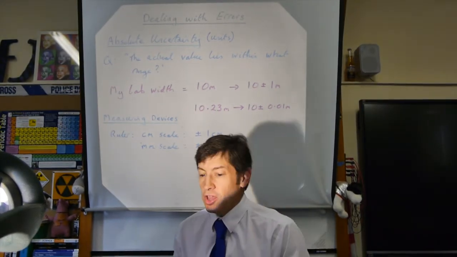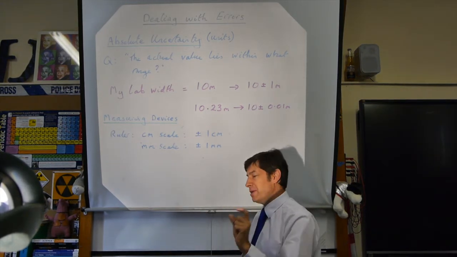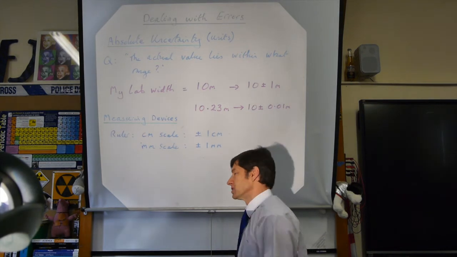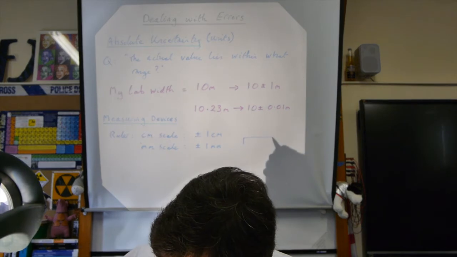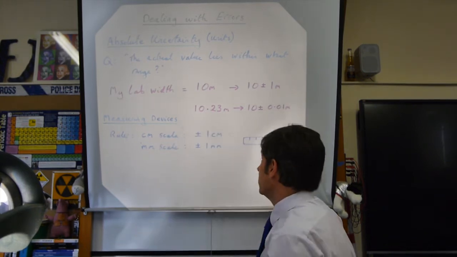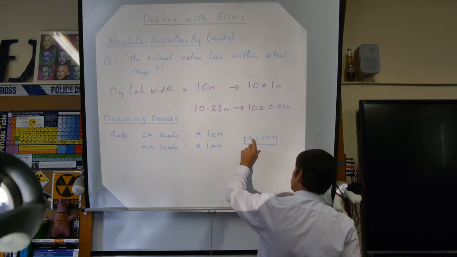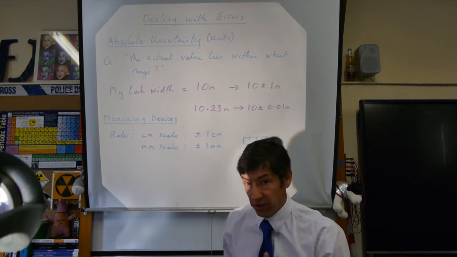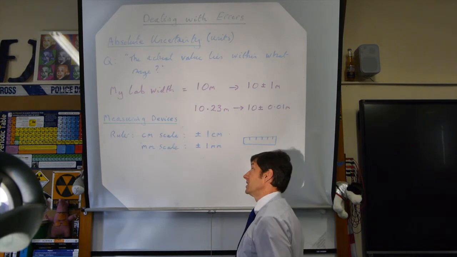The point I'm making here, and I'll argue this one in a minute before any of you say, but I've been told something else: if you've got a device with a scale on it, we're always going to quote the absolute uncertainty as plus or minus 1 scale width. I'll come back to that, because probably a few people are going, that's not what we were taught, but I'll explain my reasoning in a second.